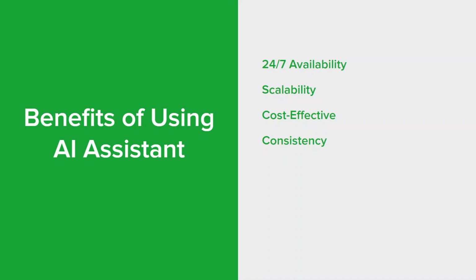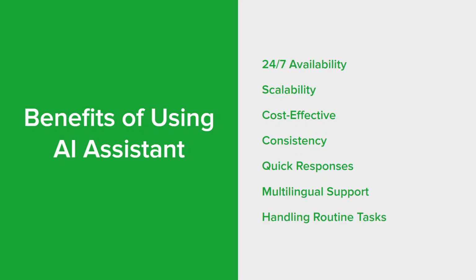And AI chat services deliver consistent responses, ensuring that all customers receive accurate information as well. AI-powered services process information rapidly, offering quick and timely responses to user queries. And there's multilingual support, expanding the reach of businesses and making communication accessible to a global audience.